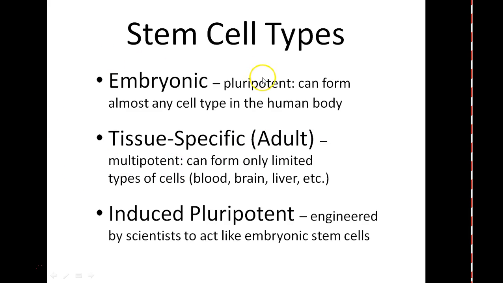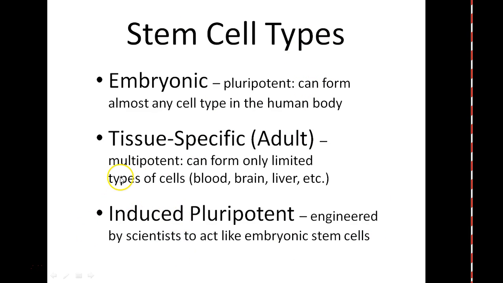And make sure you understand and can distinguish those 2 terms, pluripotent and multipotent. So multipotent can form only specific types of cells, such as blood, brain, liver, and they have only limited ability to create different cells. Pluripotent can form any type of cell.